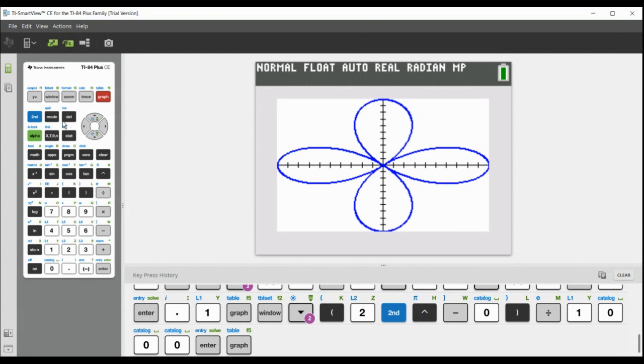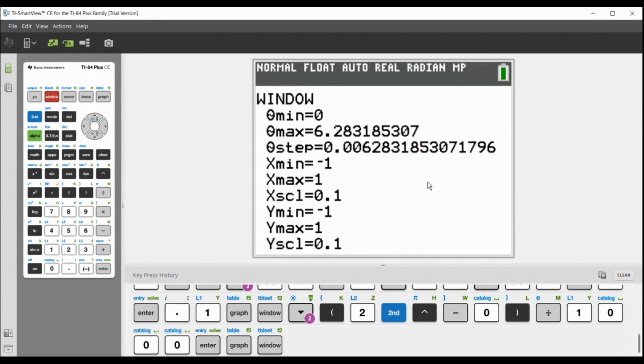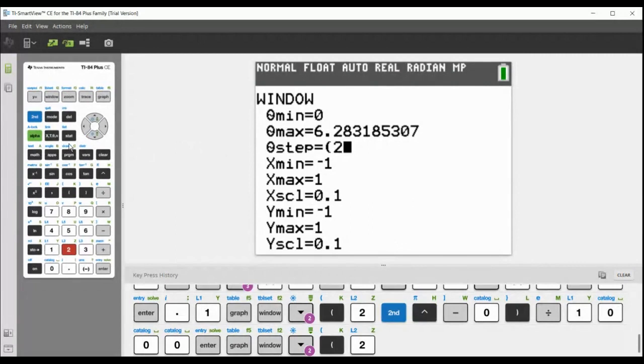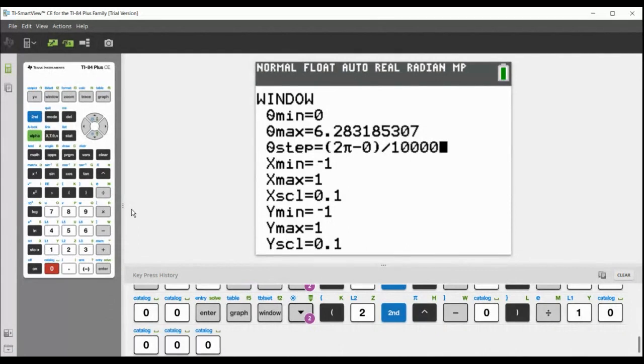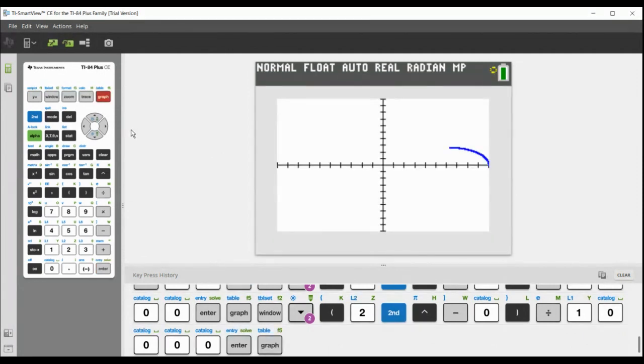It did it slow. And I can even do better here. Let's do 10,000 points. And do graph. There we go.